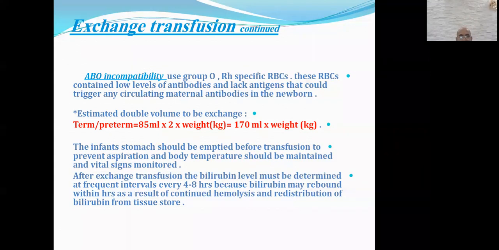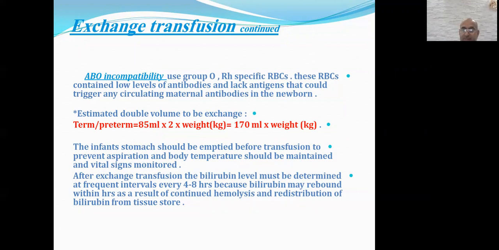Keep in mind, the amount of the blood that should be exchanged, of course, according to the question, term or preterm, we can use 85 ml per kg multiplied by 2 by the weight of the baby. Why do we use 85 ml?